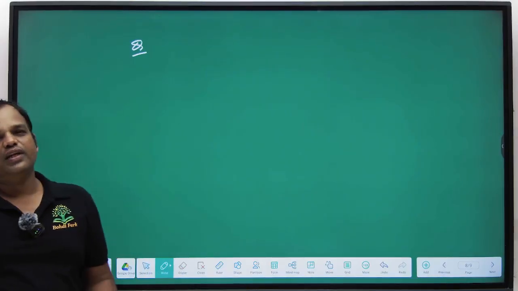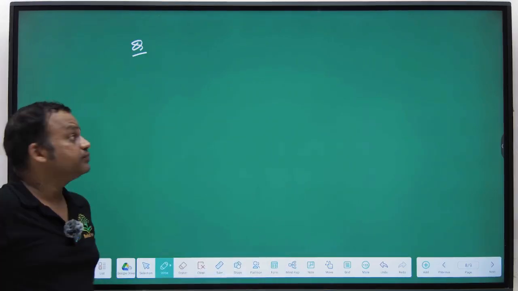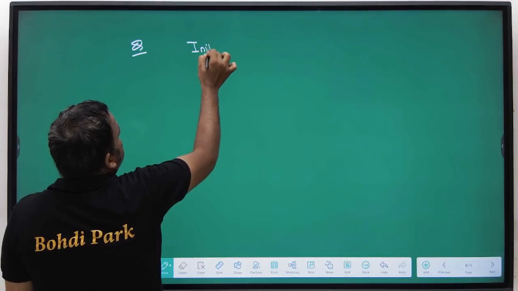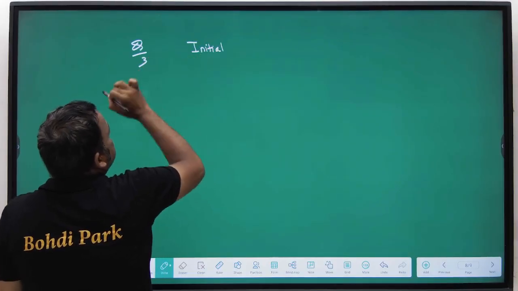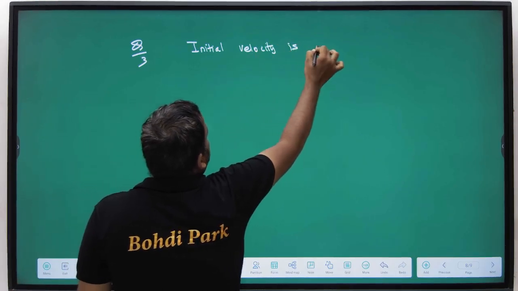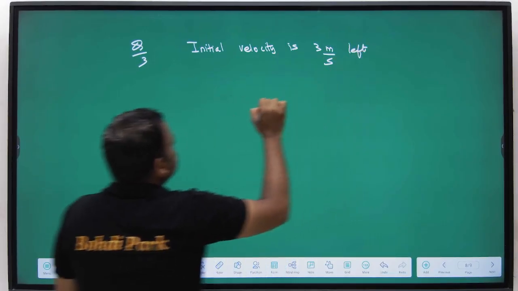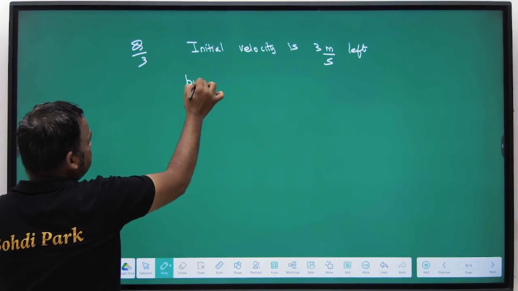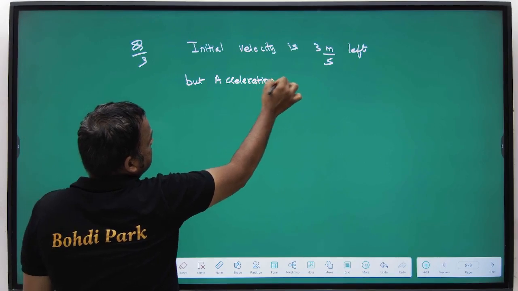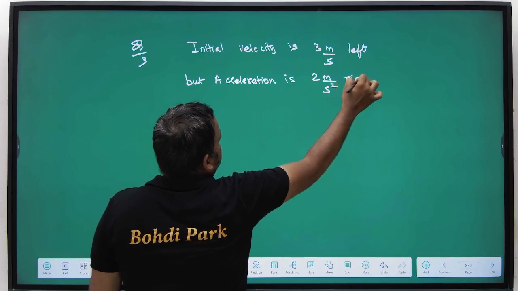So that is a combination of leftward motion and rightward motion. In a question it is given that initial velocity is 3 meter per second left, but acceleration is 2 meter per second square right.